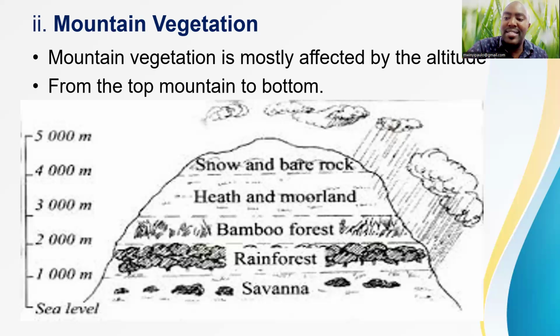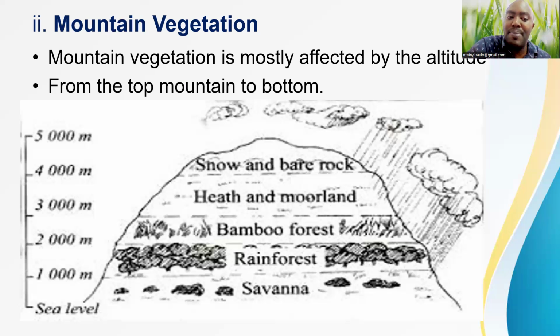From sea level to 1,000 meters above sea level, it's savanna. Then from 1,000 meters to 2,000 meters is rainforest. 2,000 meters to 3,000 meters above sea level is bamboo forest.